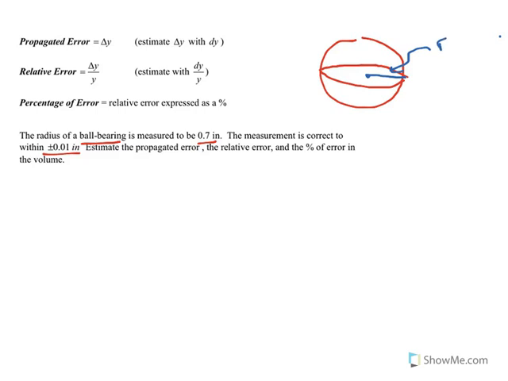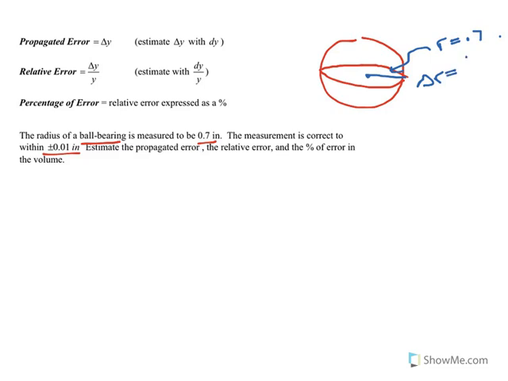What they're saying is the radius is measured to be 0.7 inches. And the change in the radius, so when they measure this, they think it's 0.7, but they know that their measurement could be off by as much as plus or minus 0.01.